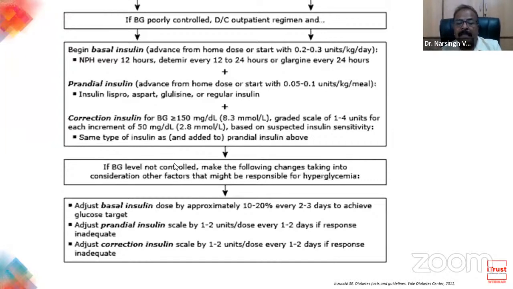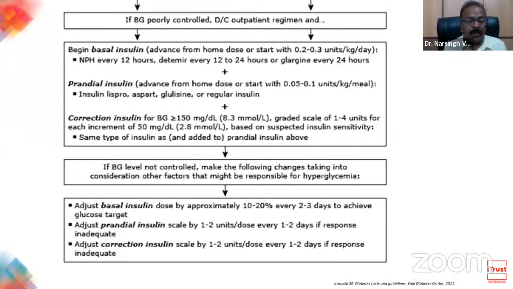Based on suspected insulin sensitivity, same type of insulin as prandial insulin above, and if blood glucose level is not controlled, make the following changes, taking into consideration other factors that might be responsible for hyperglycemia. And what are these factors?